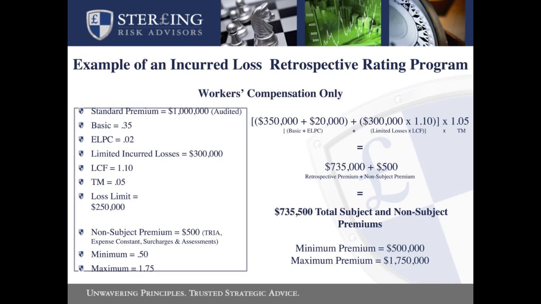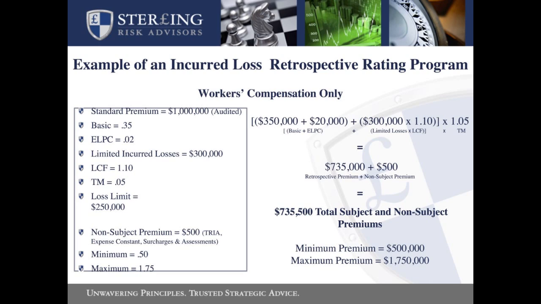And what I did here is just went through a calculation where the losses were $300,000. So the premium was $735 plus another $500. So that would be your ultimate cost under the retrospective rated program.